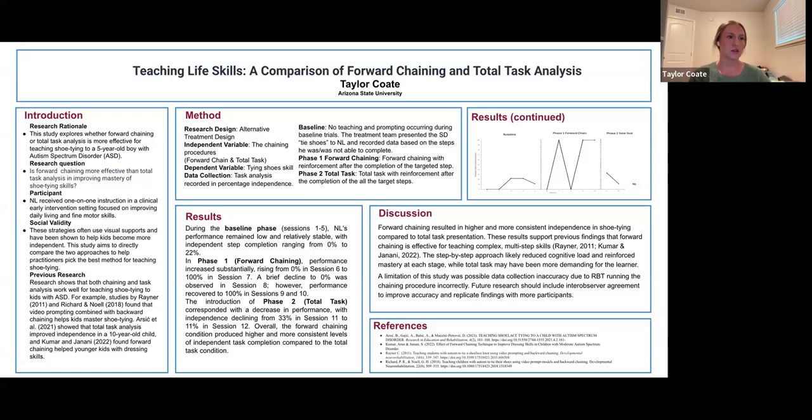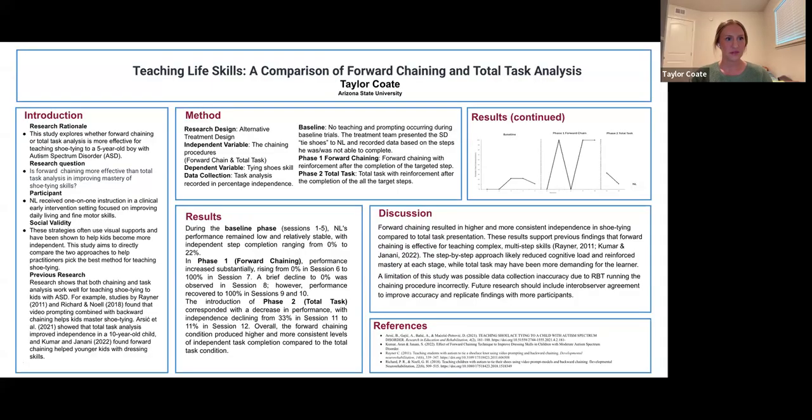Previous research was showing that video modeling helped a lot when it came to presenting a chaining procedure like a backwards chain, and that a total task by itself demonstrated that mastery came with kids who are diagnosed with autism.